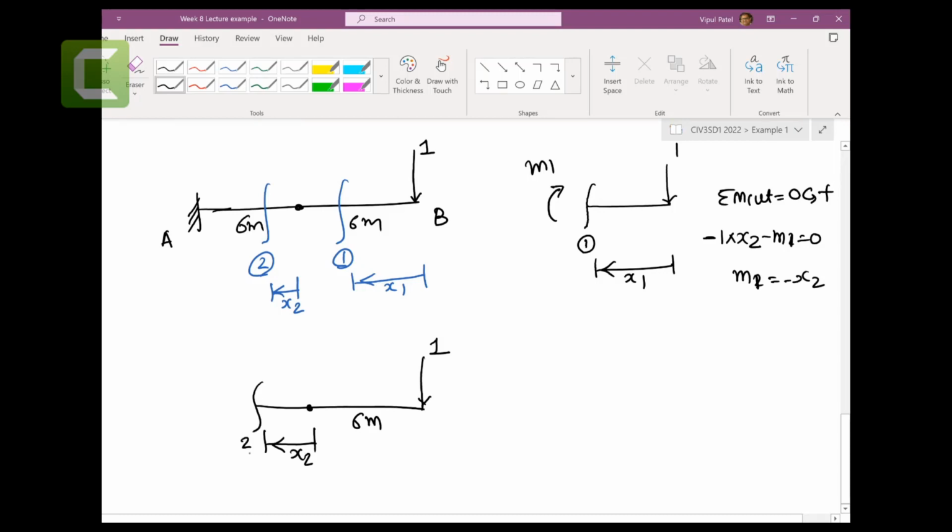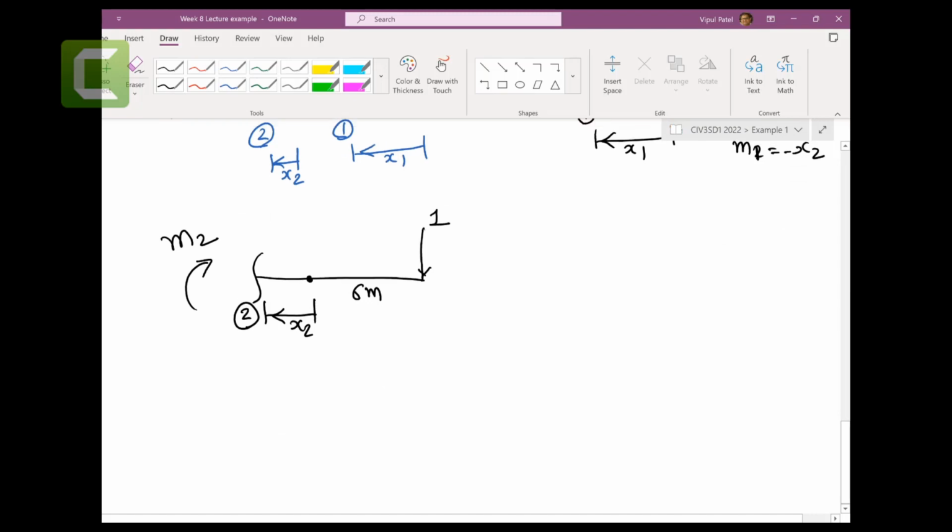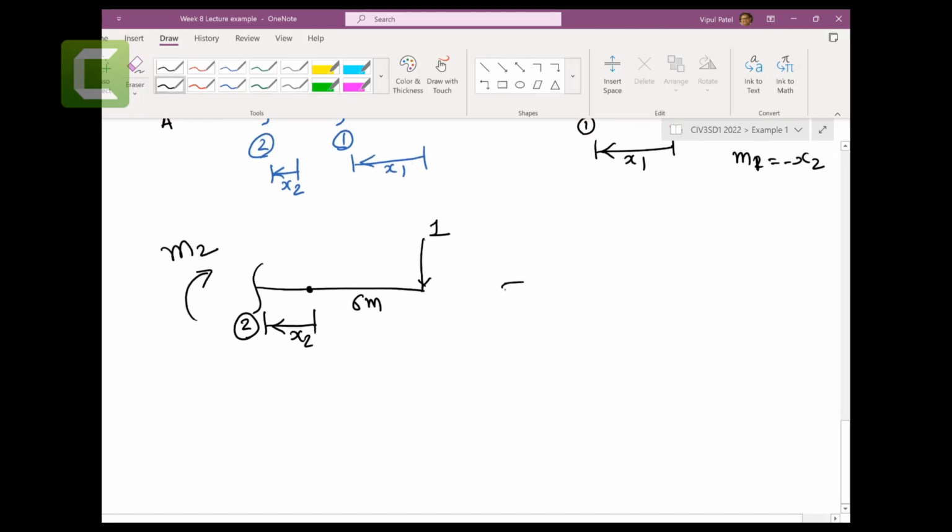We can't make a difference between capital M1 and capital M2. So you got M2, sum of the moment at cut equal to 0, anti-clockwise is positive, minus 1 times 6 plus x2, minus m2 equal to 0, m2 equal to minus 6 minus x2.